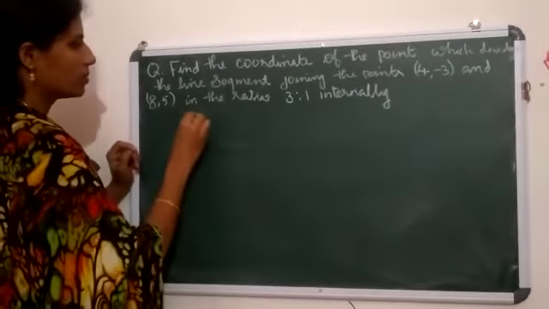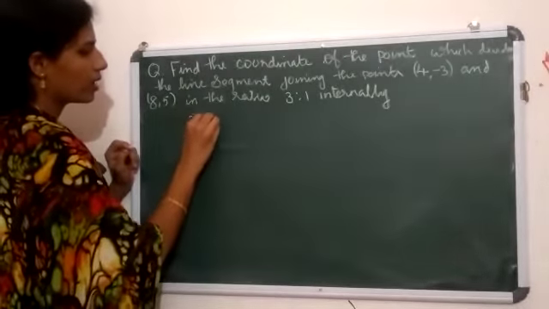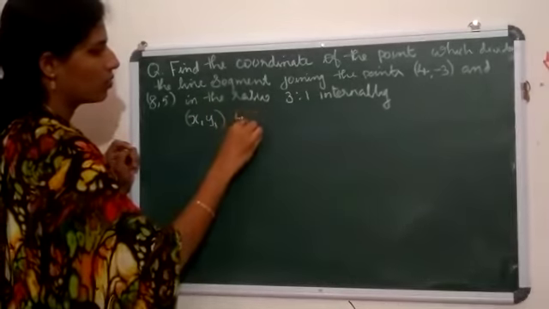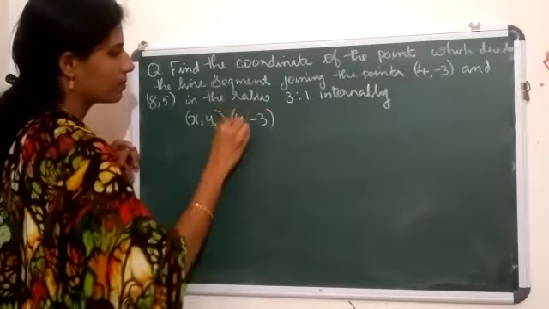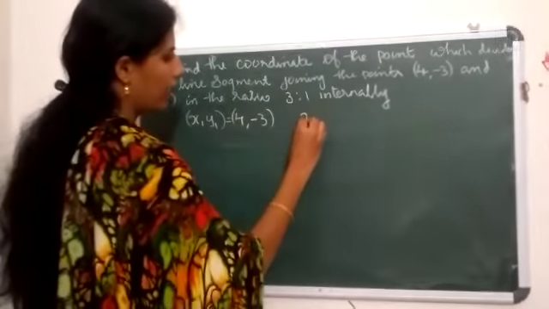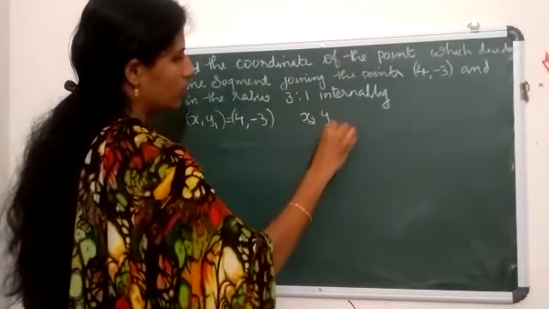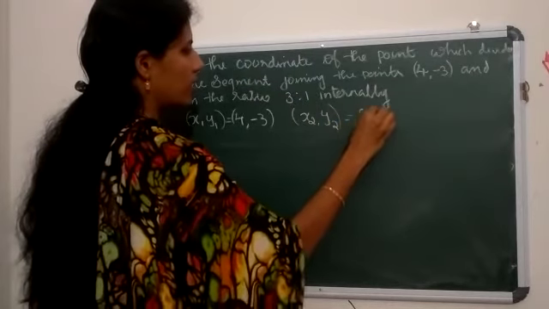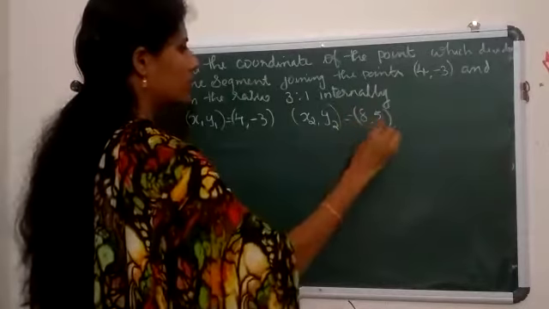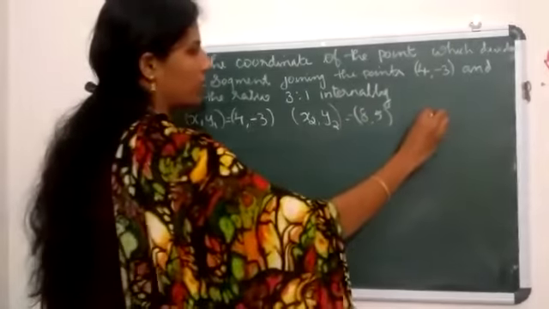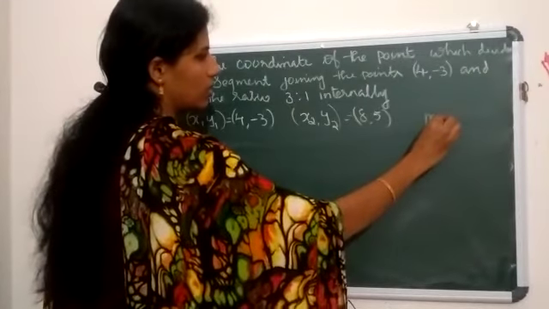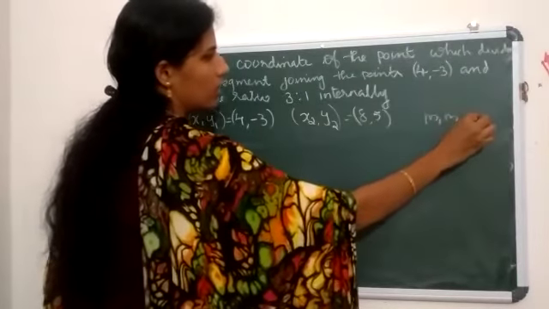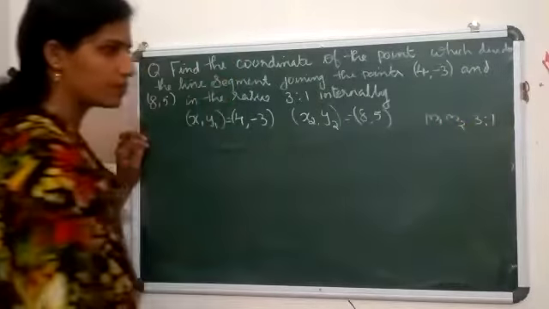So we can write x1, y1 is 4, -3 and x2, y2 is 8, 5 and the ratio m1 is to m2 is 3:1.